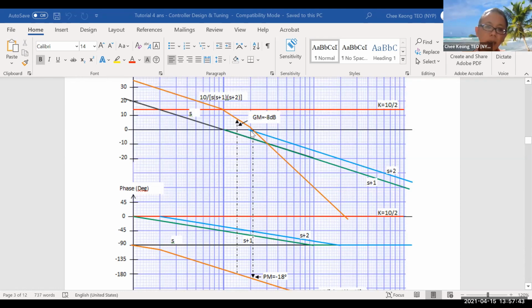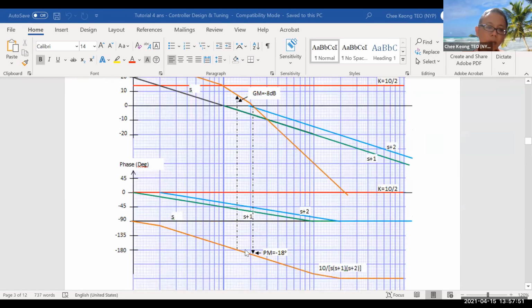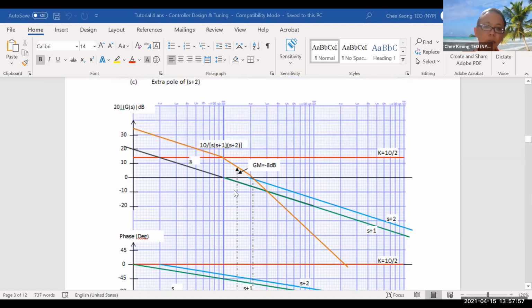For the gain plot that crosses the 0 dB, we look down. Now the phase margin is outside the shaded region, which is minus 18 degrees. Now let's look at the gain margin. Gain margin is when the phase crosses the 180 degrees, we look upward. Gain margin right now is also minus 8 dB.